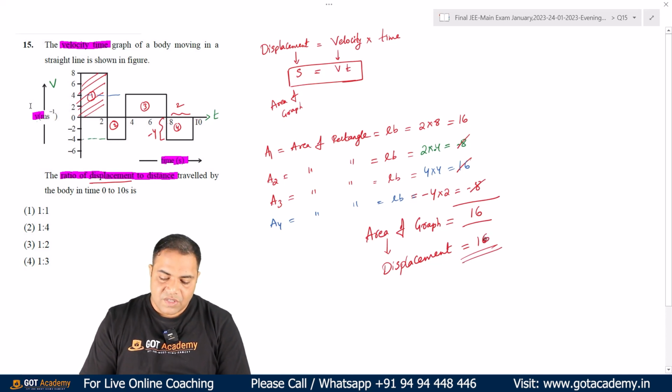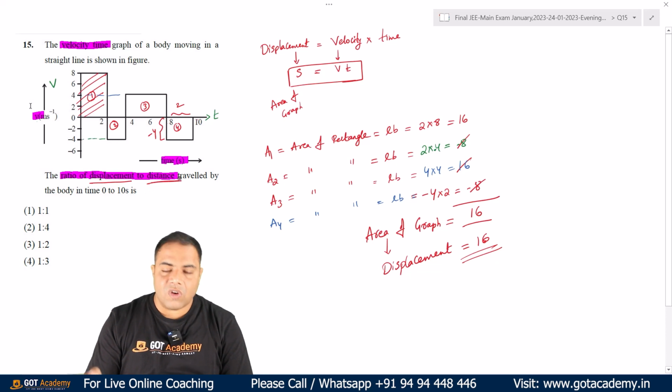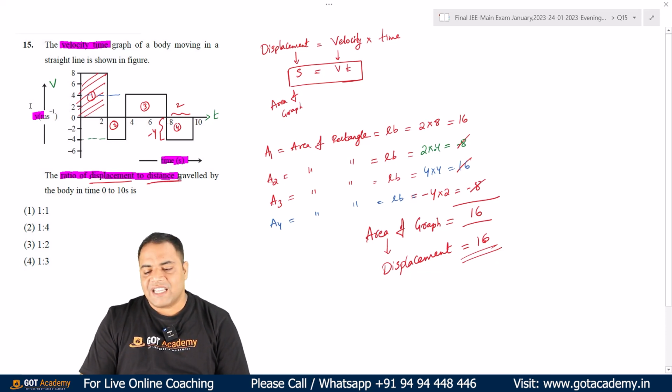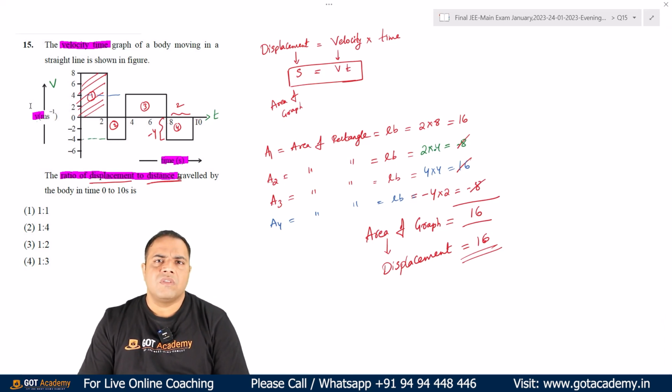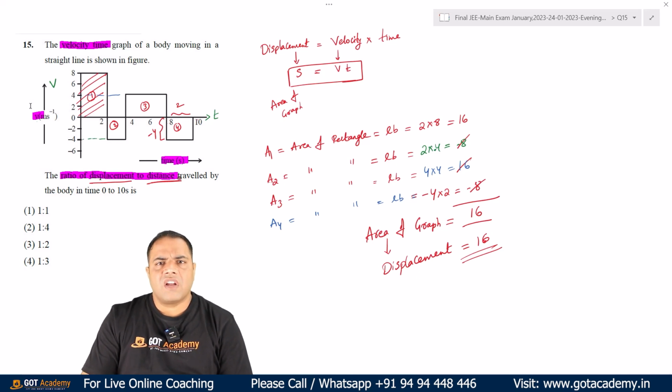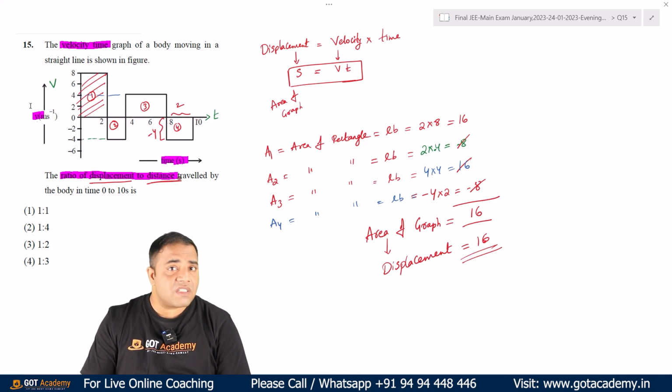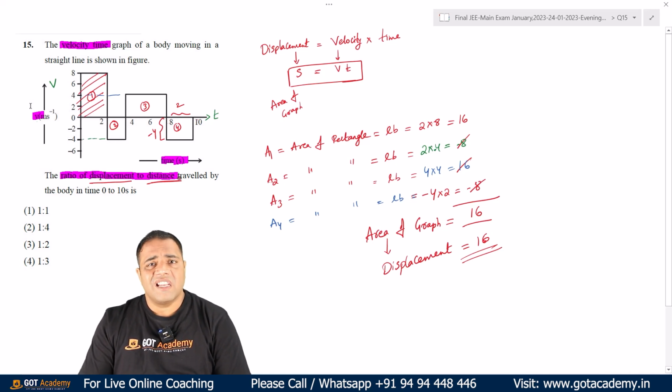Now the next one is that we have to find out distance also. So tell me my dear children, does distance come under vector or scalar? When you are traveling from your home to your school or to some other village, you say that you have traveled this much distance, but you never say that you have gone in a positive direction, negative direction, east, west, north. Nothing is mentioned.